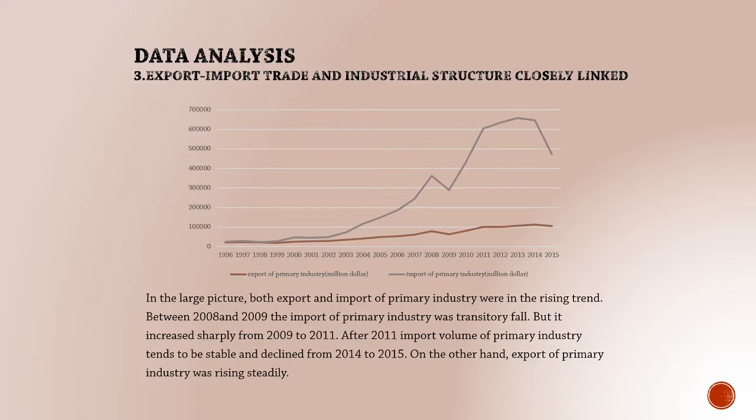After 2011, import volume of primary industry tends to be stable and decline from 2014 to 2015. On the other hand, export of primary industry was rising steadily.